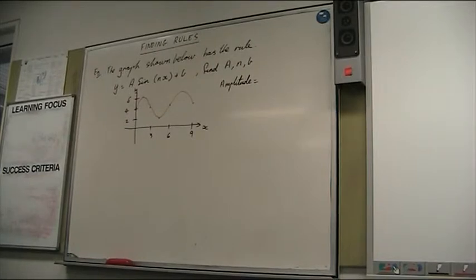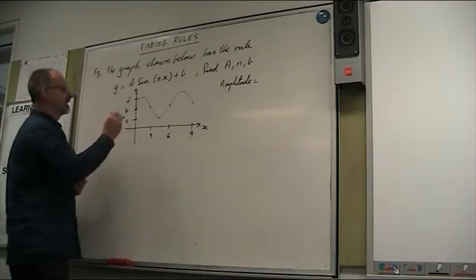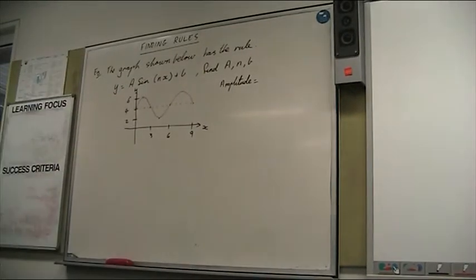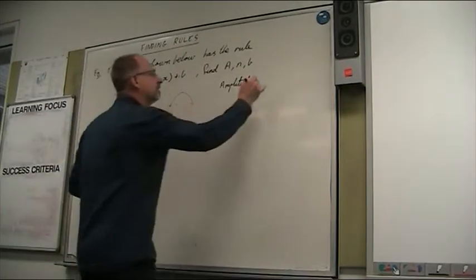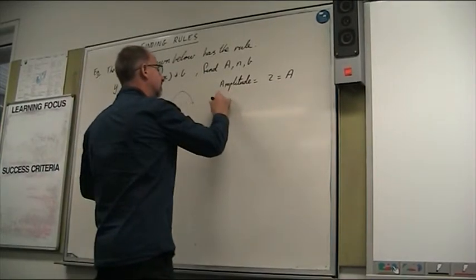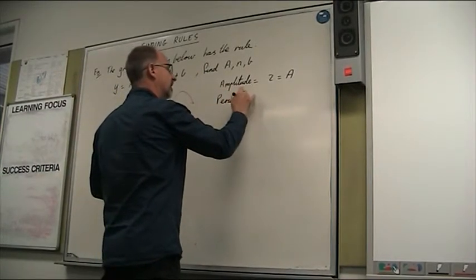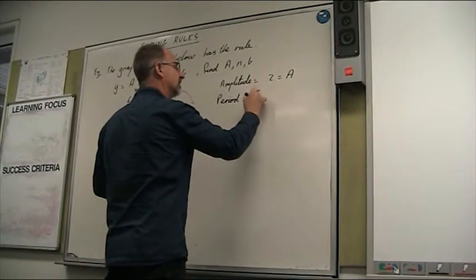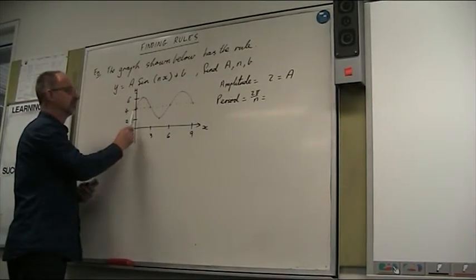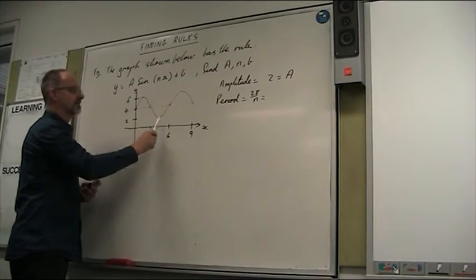Alright, so when we look at this graph, we just need to get some information off it. So, here's our midline. Our amplitude is 2. And that's the big A. Our period, we know for sine is 2 pi on n. And in this case, our period is 6, back to the same spot.